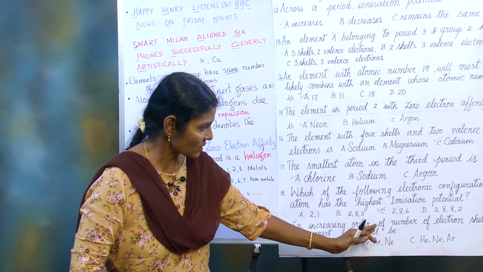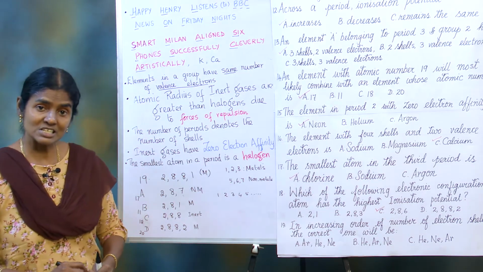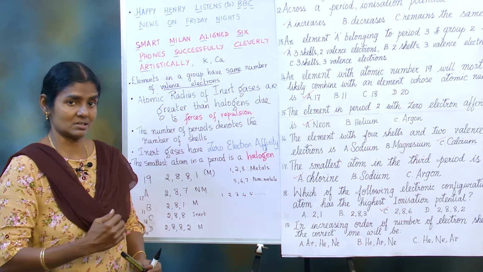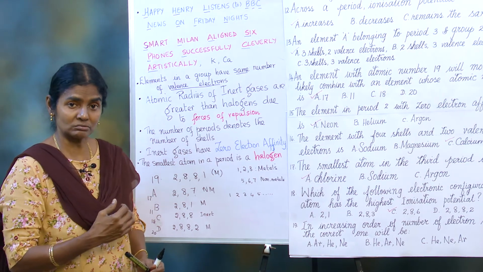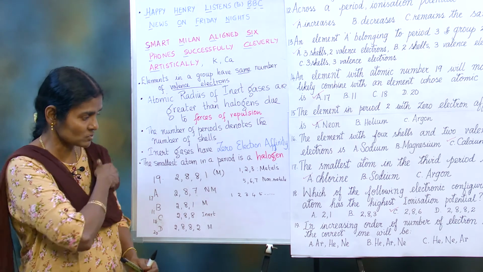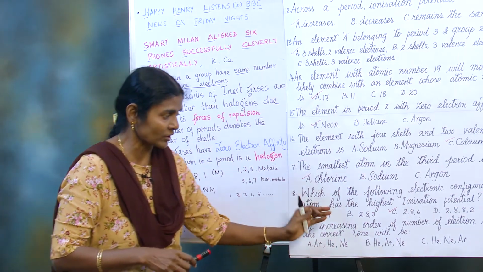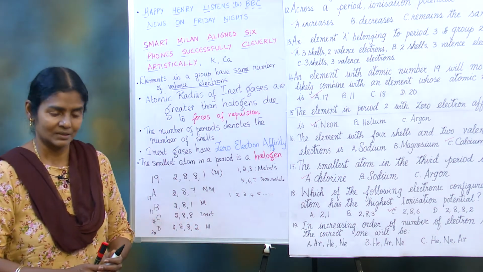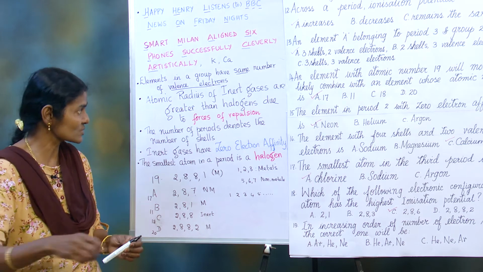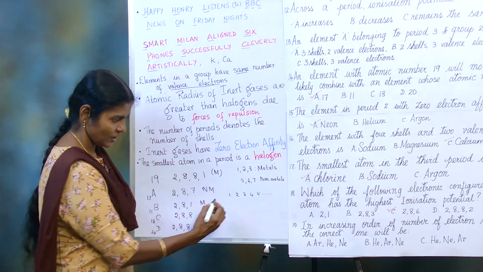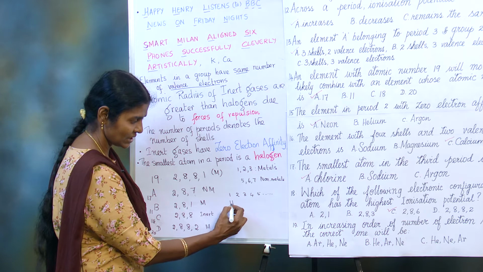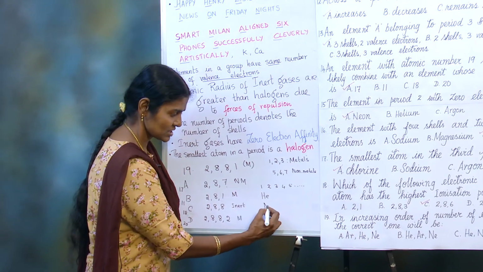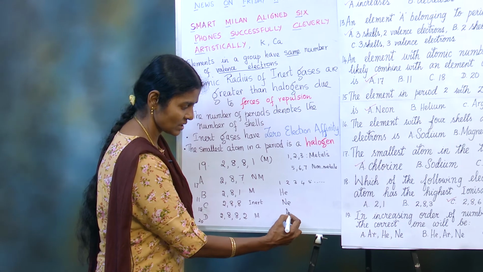In increasing order of the number of electron shells, what do you mean by that? One element would have only one shell, the next element would have 2, the next will have 3 and 4 and so on. So what is the correct order? Only 3 of the inert gases are there. Alright, so this is where we should remember the order. Inert gases start with helium, that is the first inert gas. Okay, the next one is neon and the next one is argon.